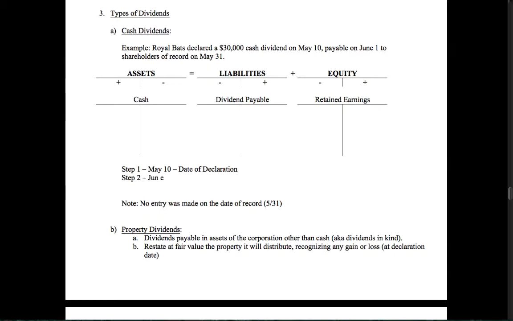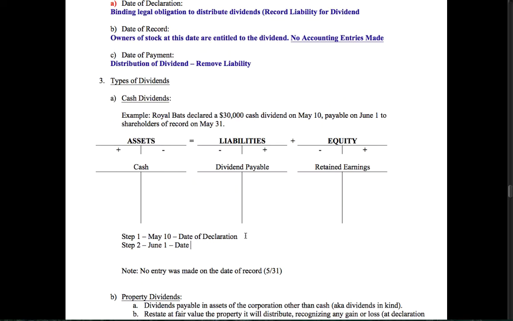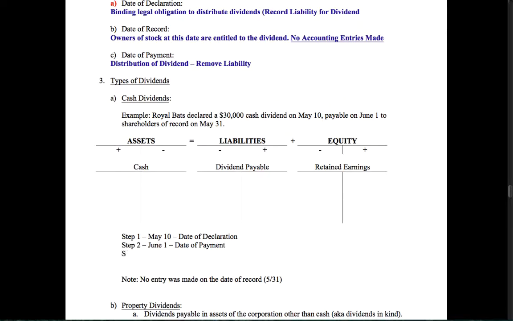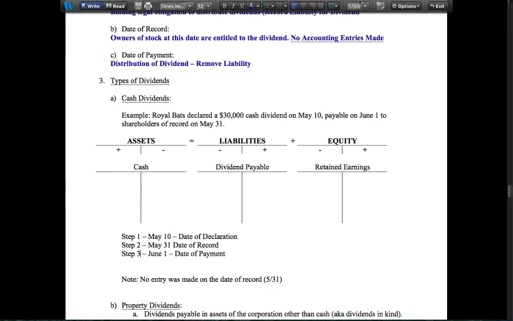June 1st is the date of payment, and May 31st is the date of record. And I will go ahead and move these in different orders here, so we're going in order of how we discussed previously.